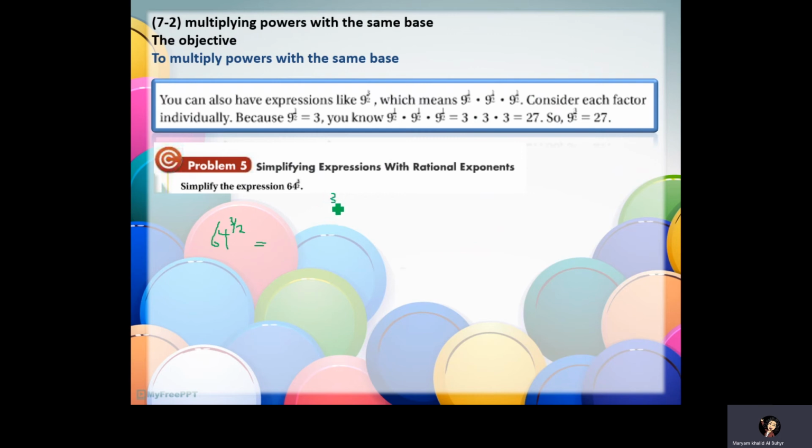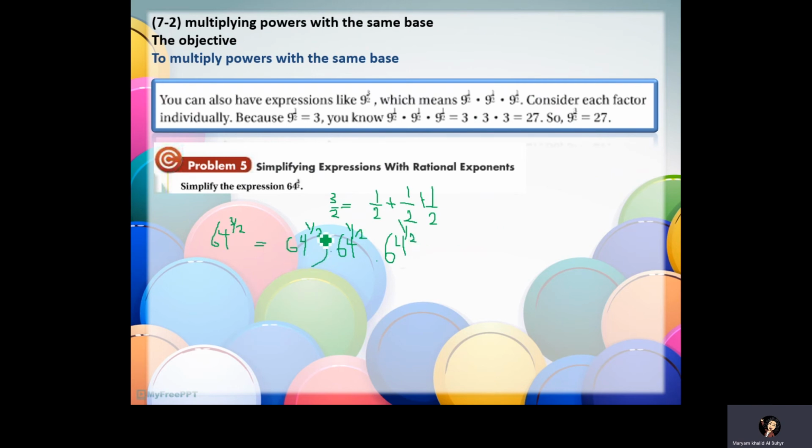You know that 3 over 2 equals 1 over 2 plus 1 over 2 plus 1 over 2, right? Since if I have the same base, I can add the powers, this is 64 to the power 1 over 2 times 64 to the power 1 over 2 times 64 to the power 1 over 2.